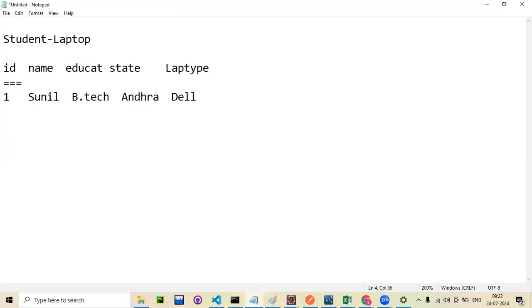And for the laptop type, we will add the laptop features: capacity, something like 8 GB RAM, and memory, 1 TB.